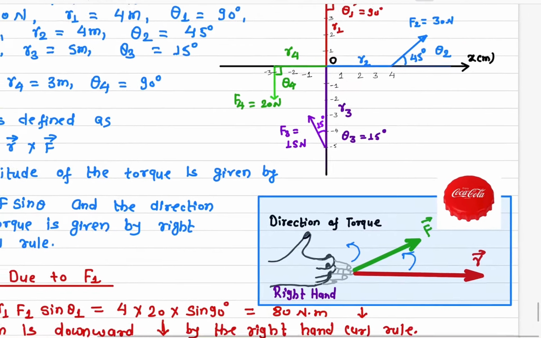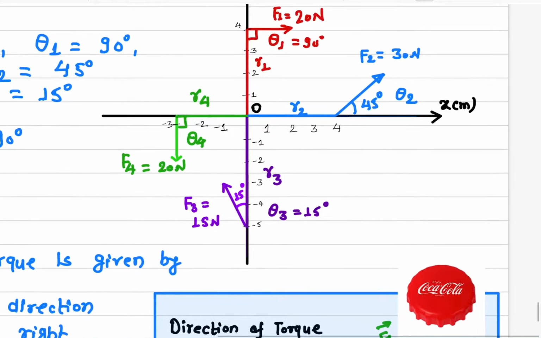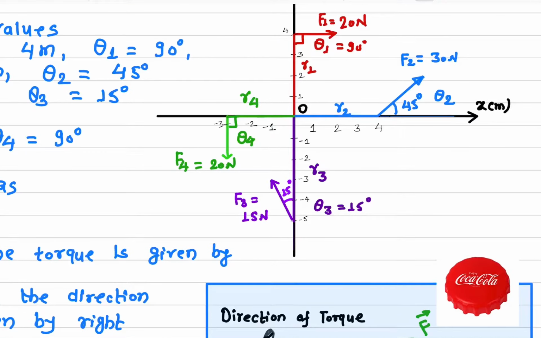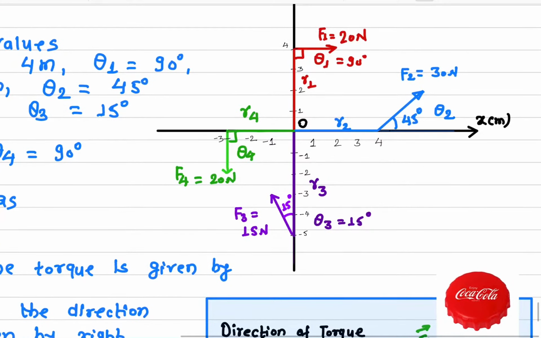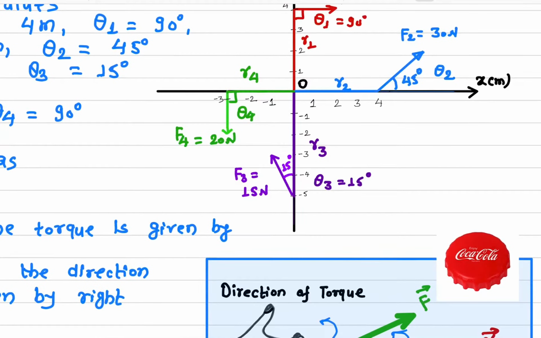Another way to understand this is, let's say you have a bottle cap here. If I apply a force right here, in which direction will it move? It will move downward, because when you try to turn it at this point, it moves along this direction, which pushes it into the paper, or in the downward direction, and it will close the water bottle or the Coca-Cola bottle.